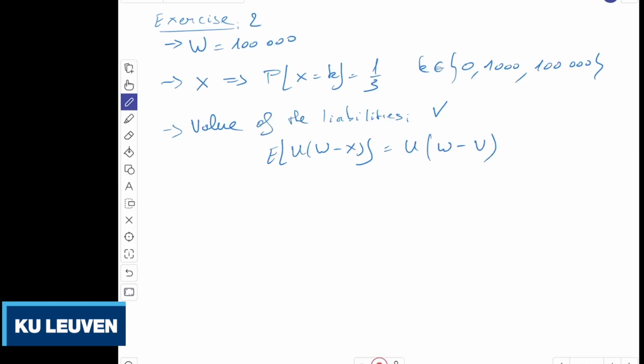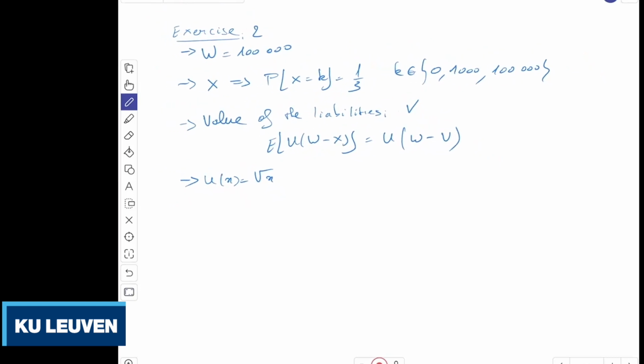What's the maximum price I'm willing to pay to get rid of these liabilities? That's how I value my liabilities. Does everyone understand the idea of this definition? Here I assume that U, my utility, is the square root function, which is a concave function. This is the situation.